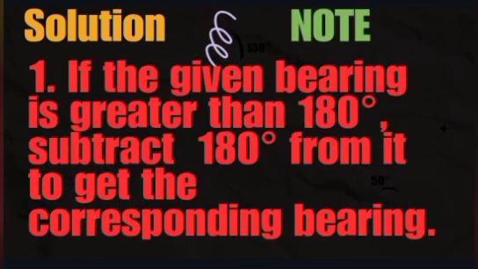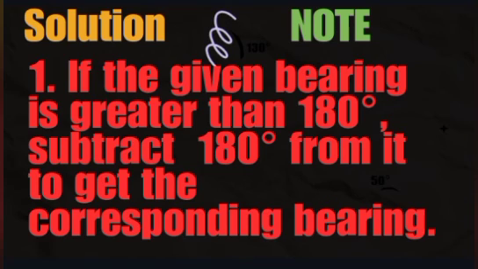Now the second point to take note of is this. If the given bearing is greater than 180 degrees, you are expected to subtract 180 degrees from it to get the corresponding bearing.